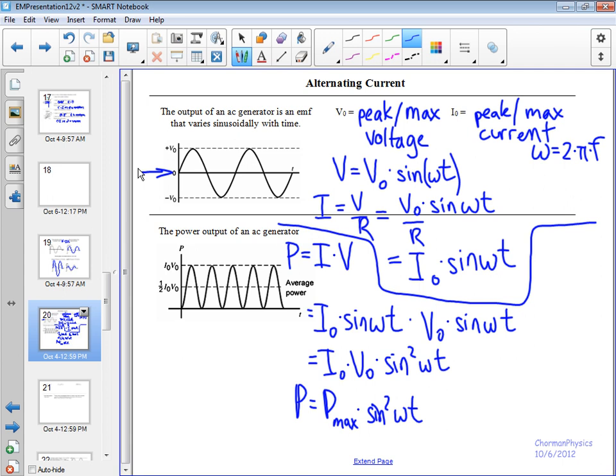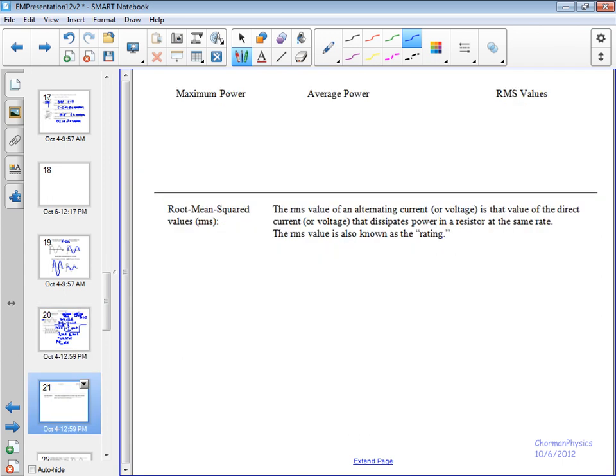Well, if you look at this sine curve, the average voltage is 0. And the same issue happens for the current. Well, that's not acceptable when we're trying to do calculations with our circuits. So what we have here is a different way of analyzing it in terms of power. P max is just equal to I naught times V naught, so P max is just 2 times the average power.